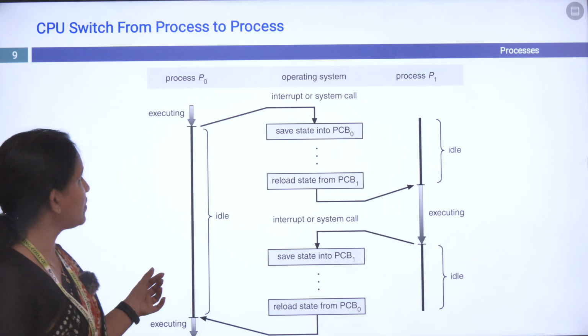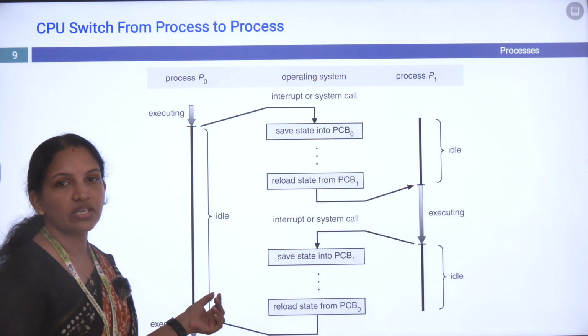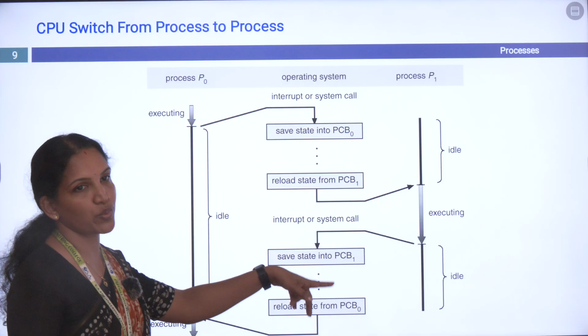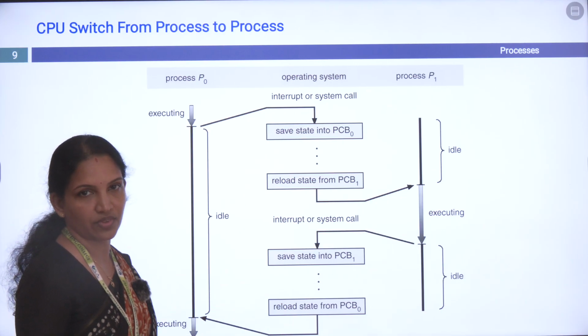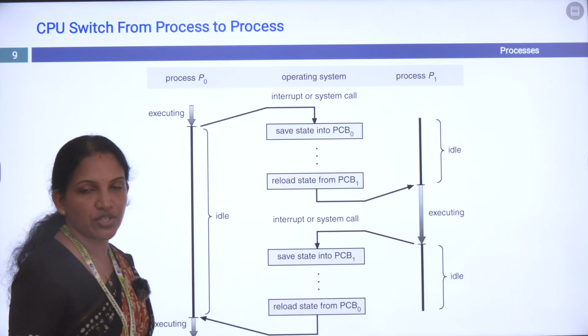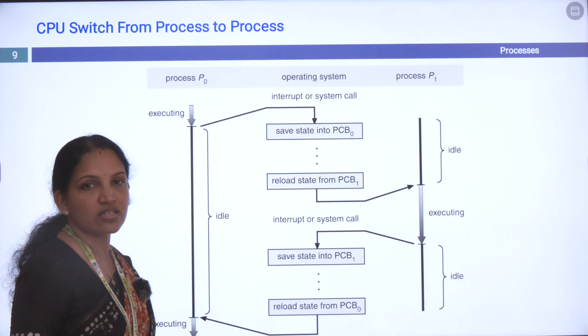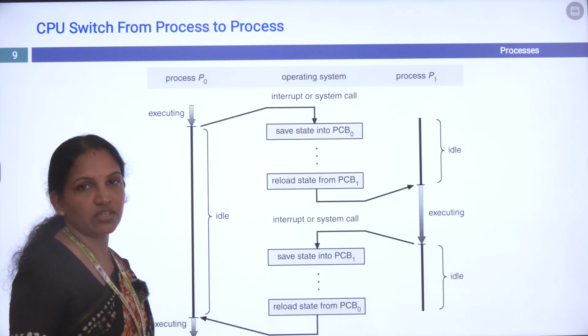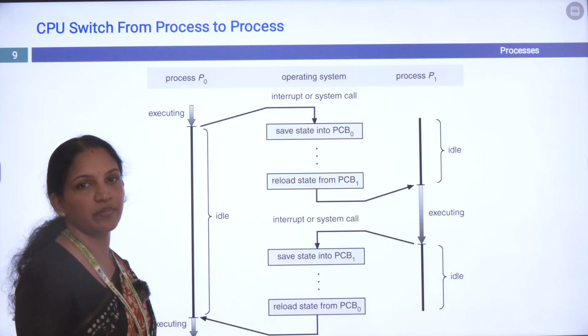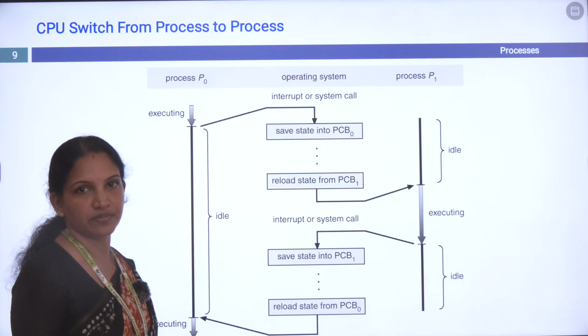This is an example which shows how the processor switches between different processes. When a process starts execution, the corresponding PCB will be loaded into memory. Once it finishes execution, that PCB will be deleted from memory.